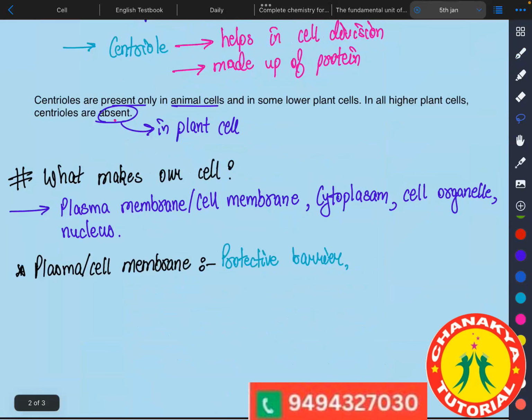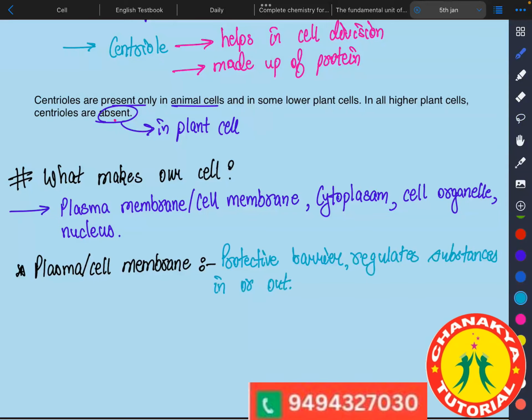Okay, plasma membrane is a protective barrier, so it regulates substances in or out.